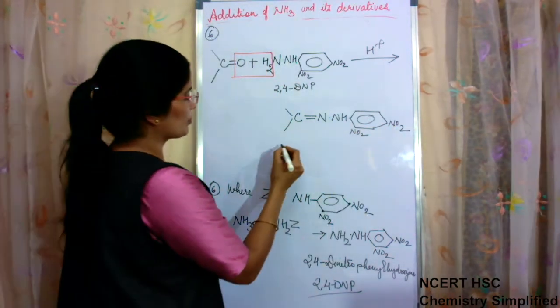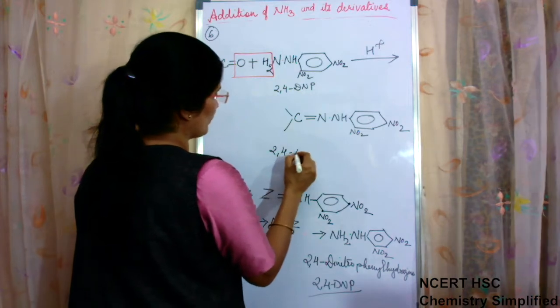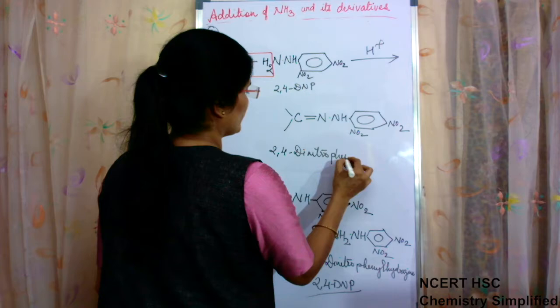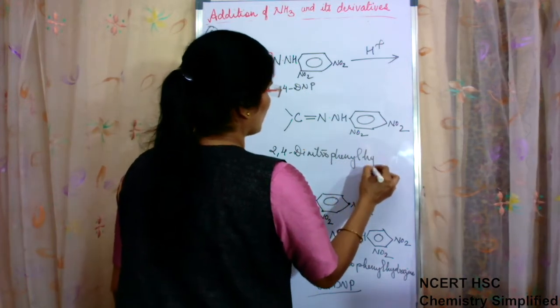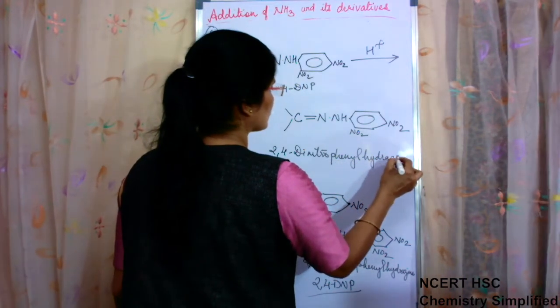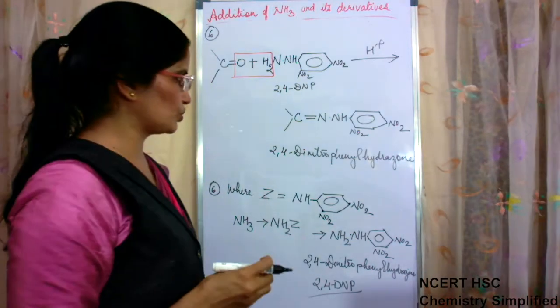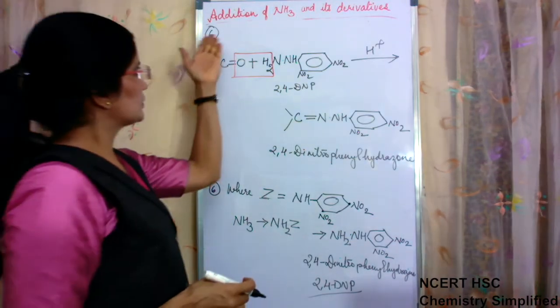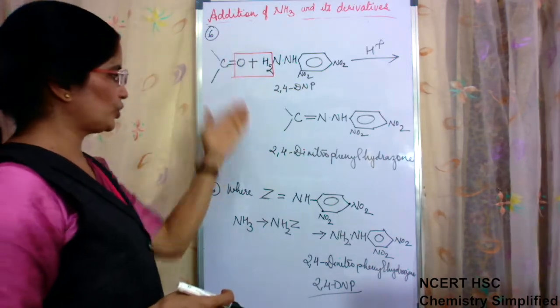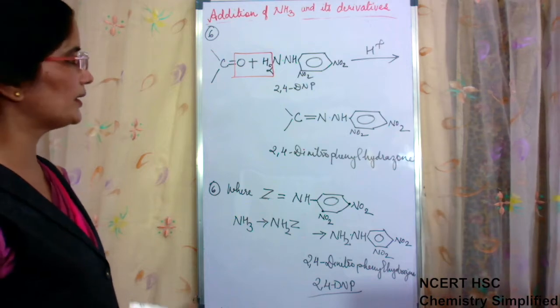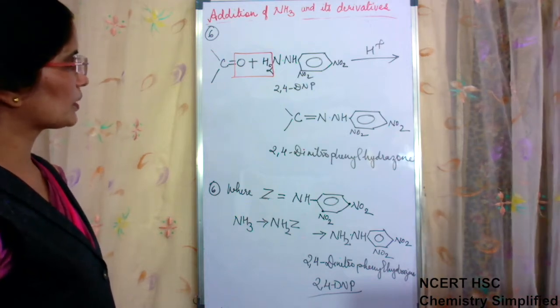So the product is 2,4-dinitrophenylhydrazone. Hydrazines will form hydrazones. Again, according to the name of the aldehyde or ketone, it will be named in the prefix for the particular aldehyde or ketone. Okay.